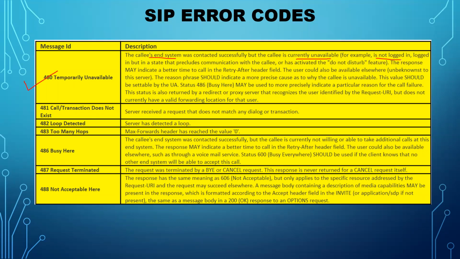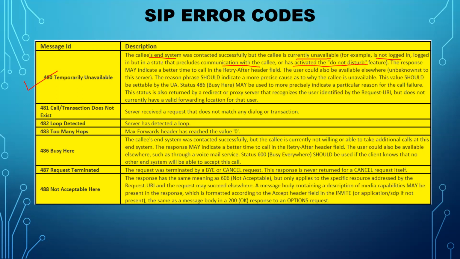For example, not logged in, or in a state that precludes communication, or has activated the do not disturb feature. The user has been contacted, but can't take the call. Then you will be getting this 480 temporarily unavailable.